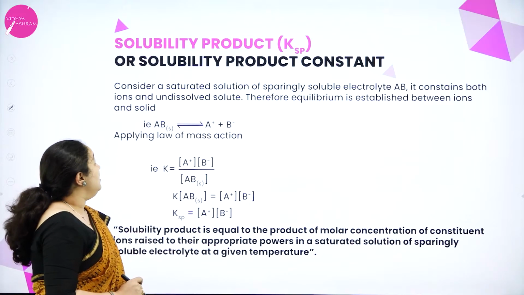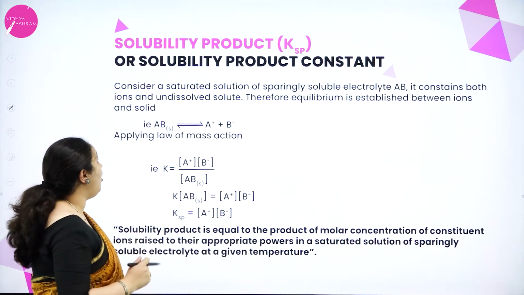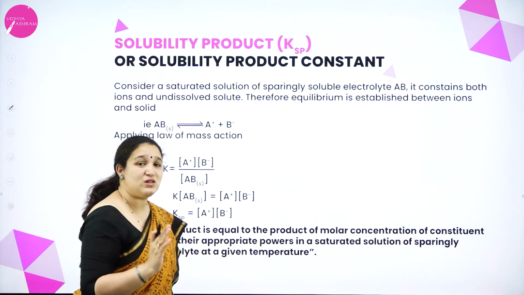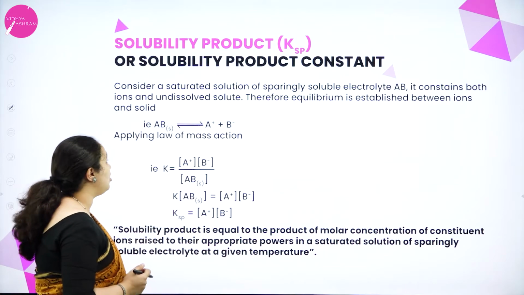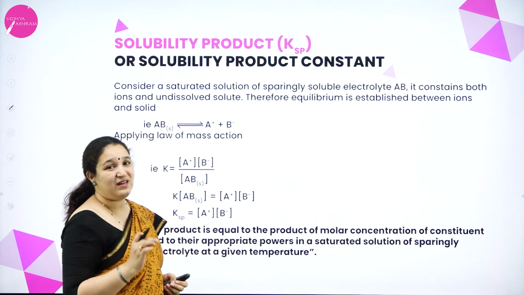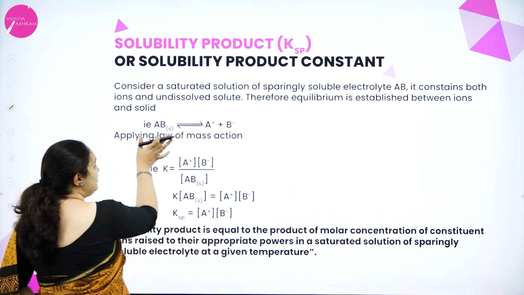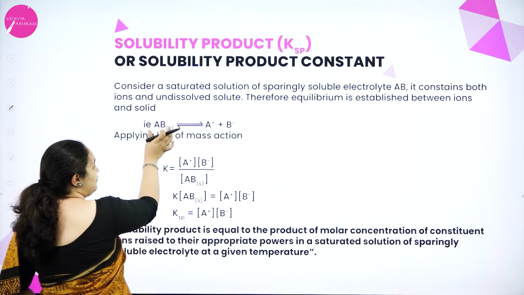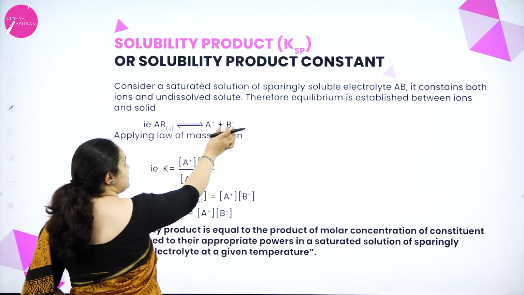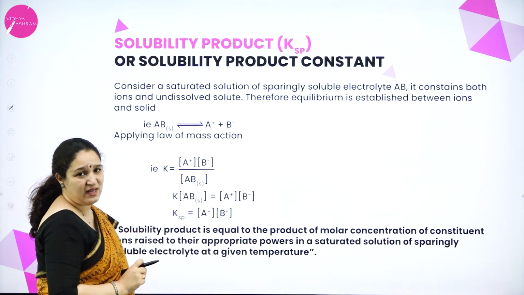Next we are going to study the solubility product, or solubility product constant. So what is this solubility product? Now I'll consider a saturated solution of a sparingly soluble salt AB. In this system I have some amount of salt which is undissolved, some is dissolved to give the ions, and there is an equilibrium which is established.